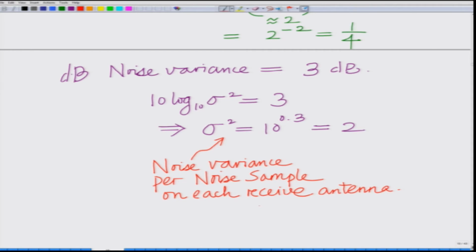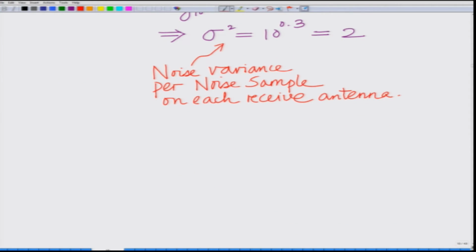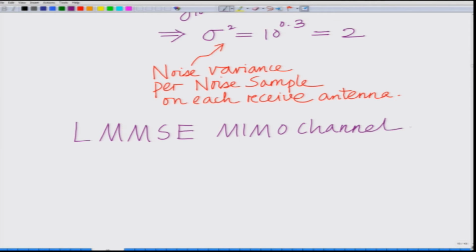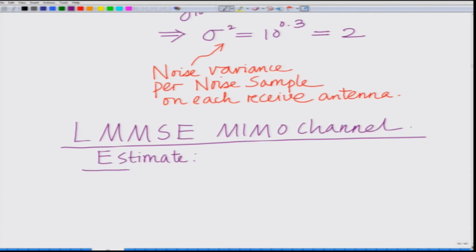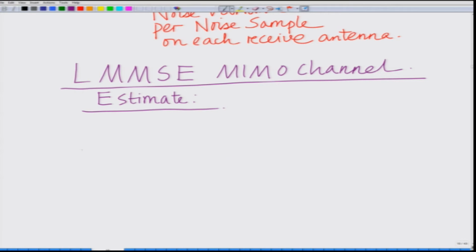Now, first let us simplify the LMMSE channel estimate. We have to compute the LMMSE MIMO channel estimate. Remember, it is LMMSE if the distribution is non-Gaussian, and MMSE if it is Gaussian.